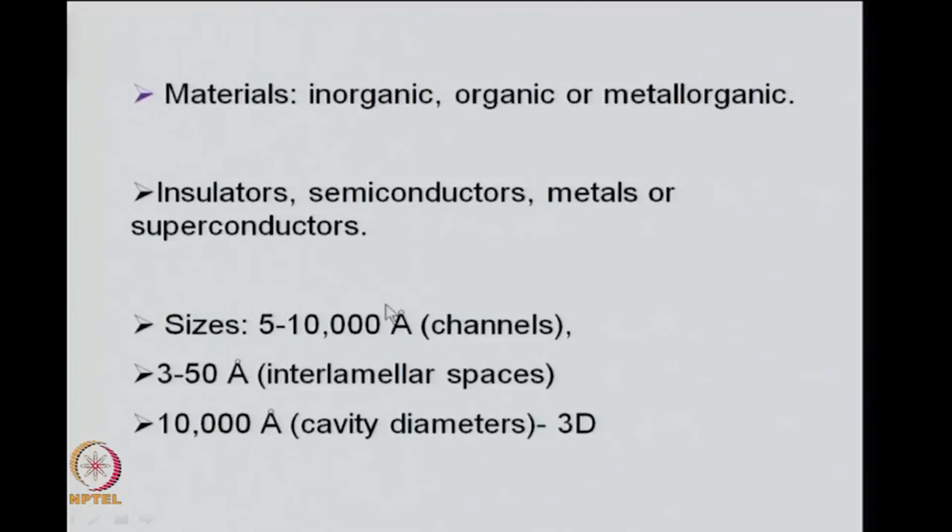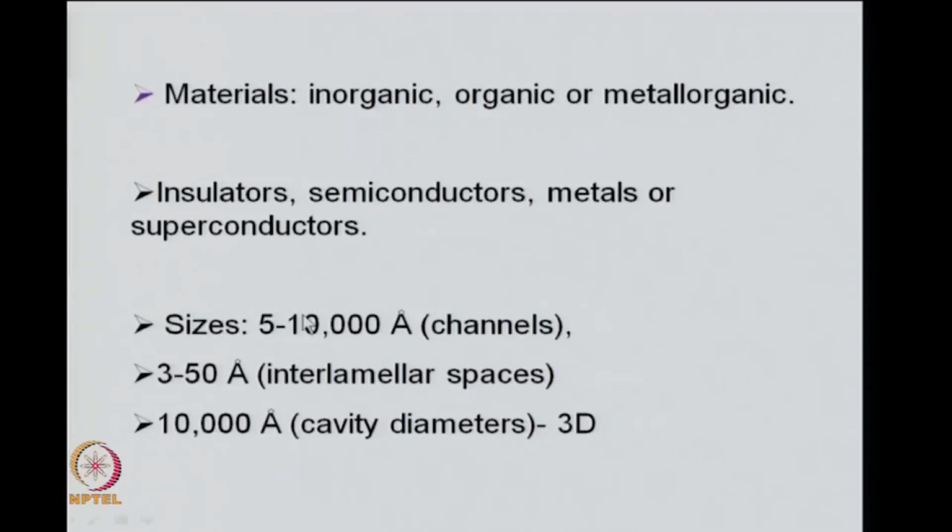If you have channels, that is one dimensional channels, you can have diameters from 5 to around 10,000 angstroms of these materials. So, you can have wires which are from 5 angstroms to around 10,000 angstroms, which is like 0.5 nanometers to around 1000 nanometers, or 1 micron.